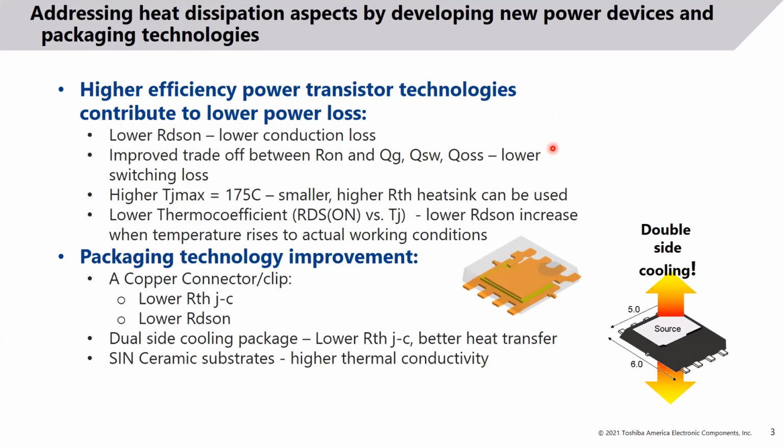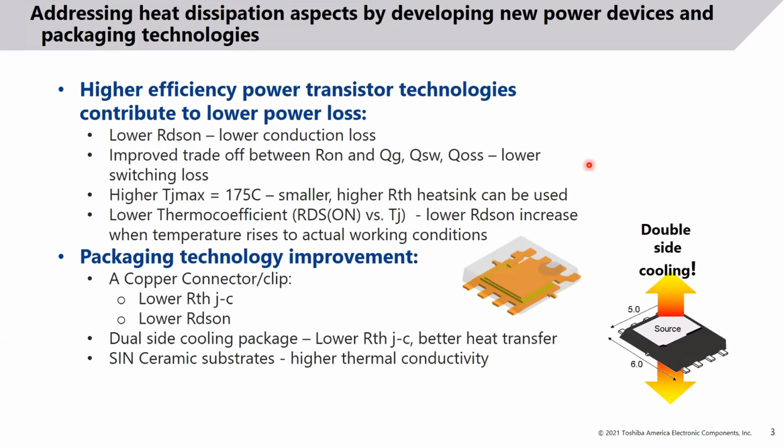A higher maximum junction temperature of 175 degrees C means a smaller, higher RTH, lower cost heatsink can be used. Our MOSFET technology also has a lower thermal coefficient, with a lower RDS(on) increase when the temperature rises to actual working temperatures. It gives lower power loss during the actual working temperature conditions.